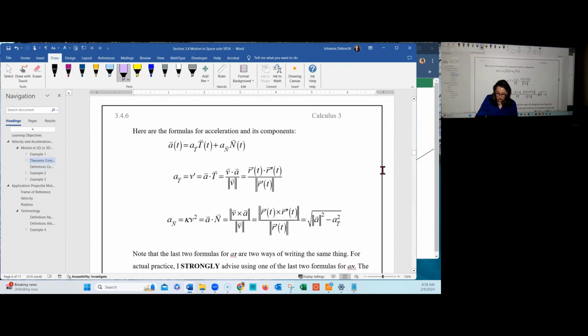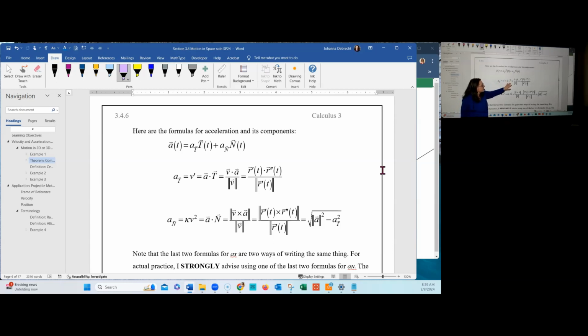Now that we've written out this expression for a of t, the acceleration vector, remember that we can replace a sub t with what it's equal to. a sub t is just the derivative of speed. It turns out that the derivative of speed is the acceleration vector dotted with the unit tangent vector.